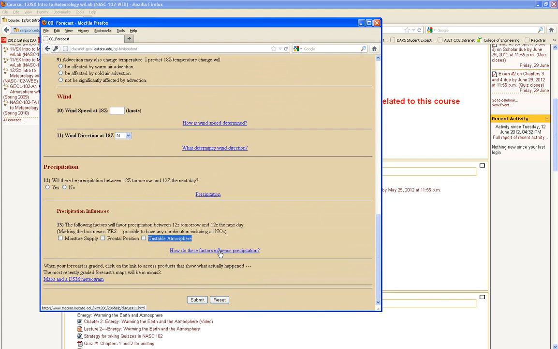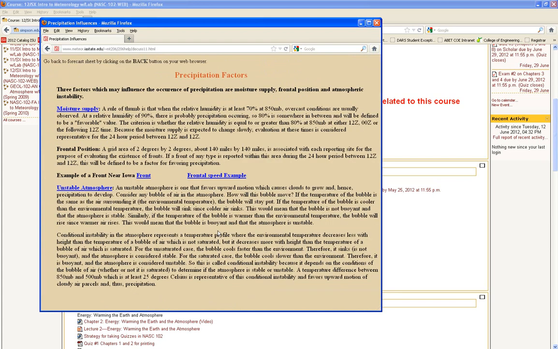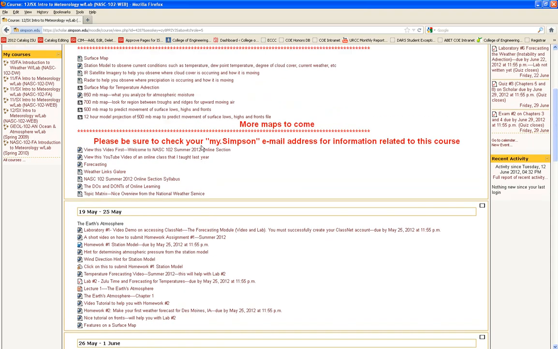And so if I click on this link, I can see that for this program, you need at least a 25-degree change in temperature to produce rising air. In other words, the 500 millibar needs to be at least 25 degrees cooler than the 850 millibar surface. So that's why it's important to figure out temperatures at 850 and 500.